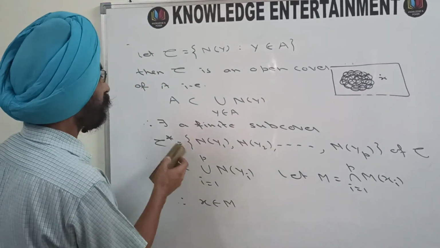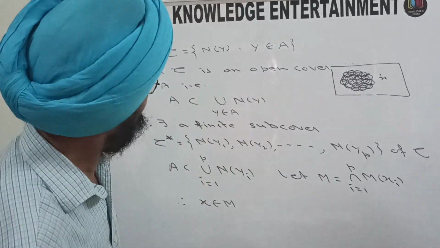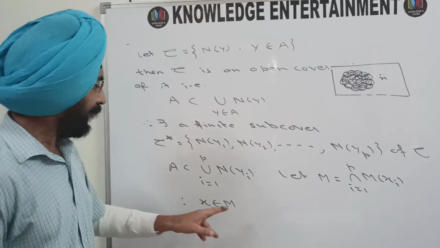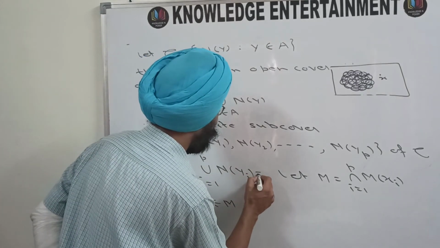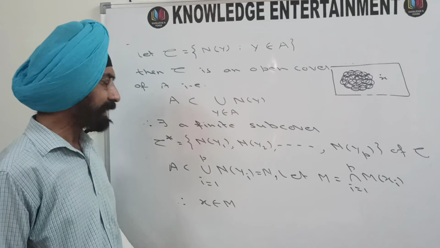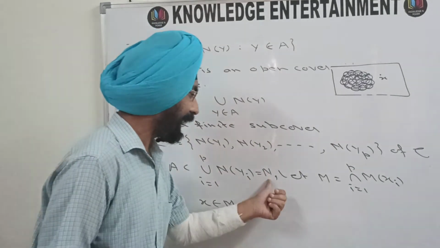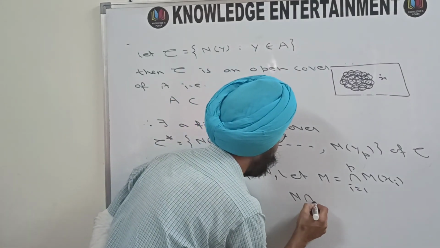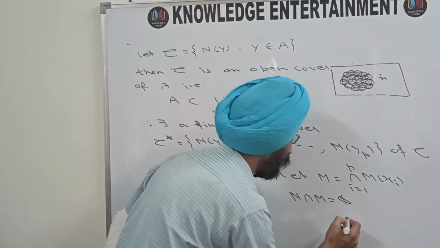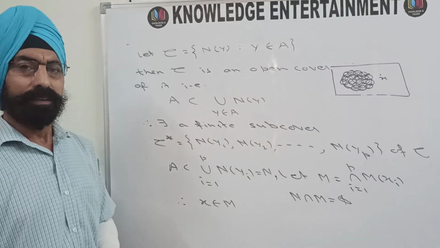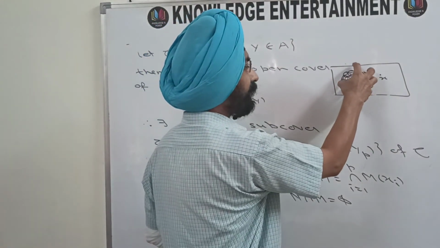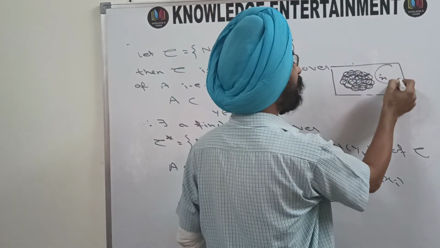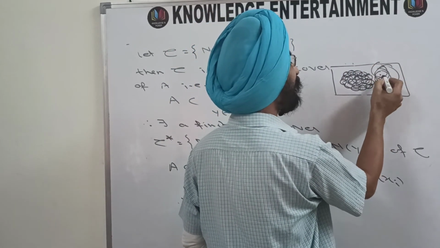Now, let us move ahead. This A is a subset of the union, and if I name it as N, then note that N and M are disjoint. N intersection M is phi. This is very clear, because here you are taking this finite union. On the other side, you are taking several sets containing x, and then their intersection.